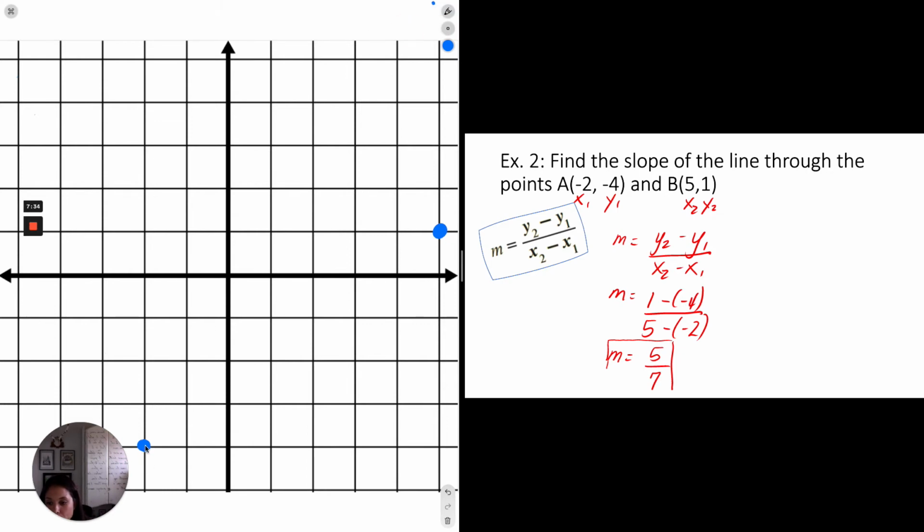I'll draw my line. Okay, you guys can draw a better line than I can with your rulers. Okay, whoops. That went a little too far.